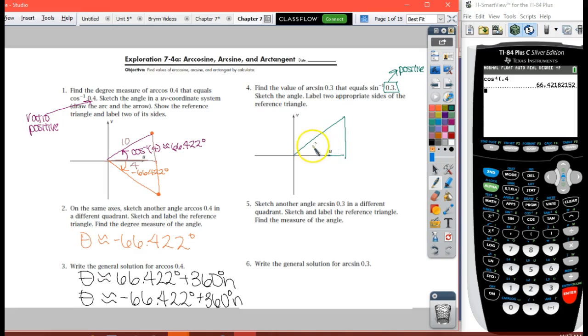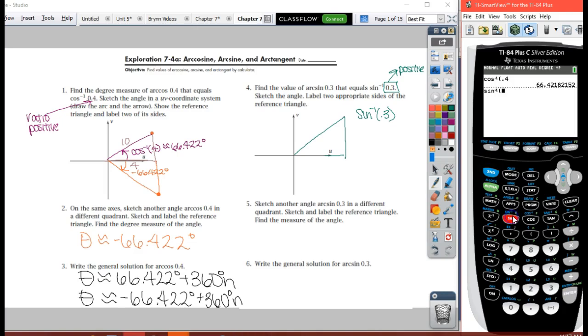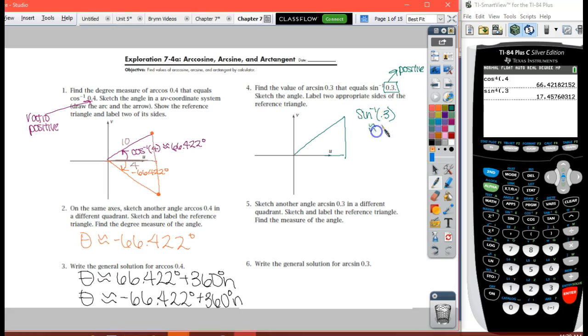And so this is the angle that will be found by doing sine inverse of 0.3. Again, making sure that your calculator is in degree mode, we'll do the sine inverse of 0.3, hit enter, and so my angle in the first quadrant is approximately equal to 17.458. And that's this reference angle right here, 17.458.